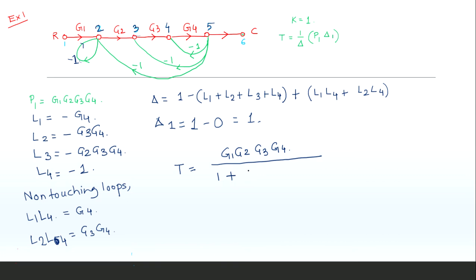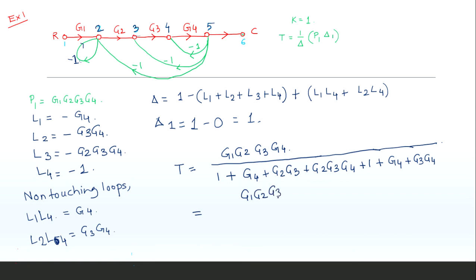We can write it as G4 plus G2 G3 plus G2 G3 G4 plus 1 plus 1. And if I take this part, it will be plus G4 plus G3 G4. So finally it will be G1 G2 G3 G4 upon 2, 1 plus 1, 2, 2G4.